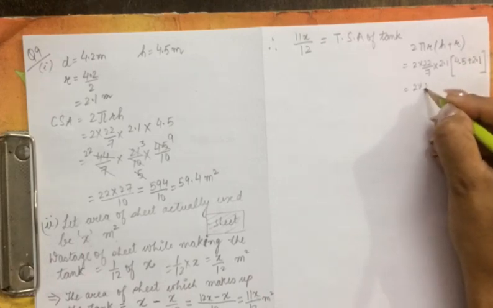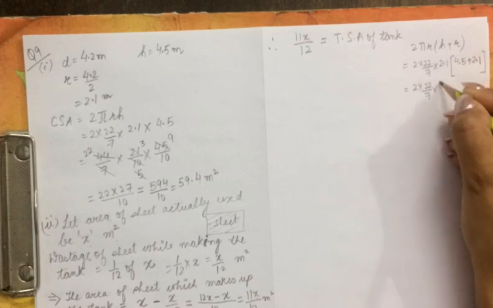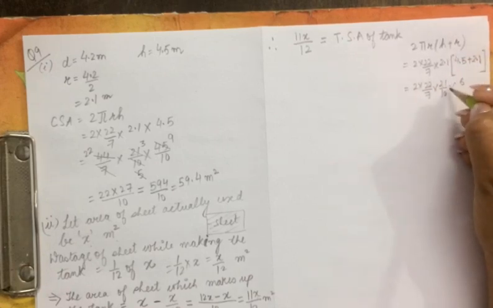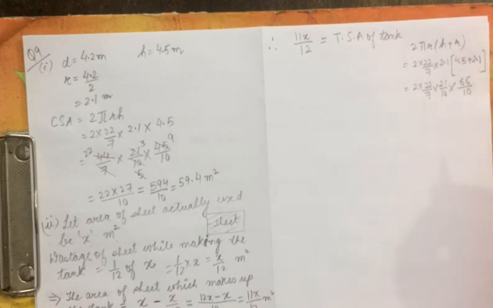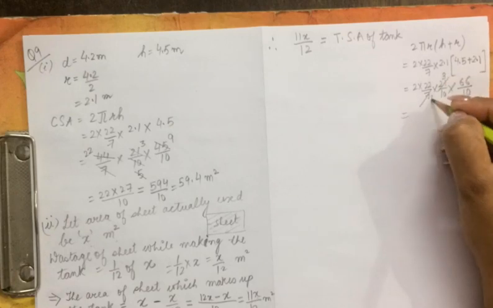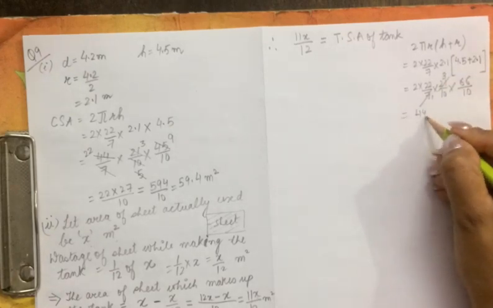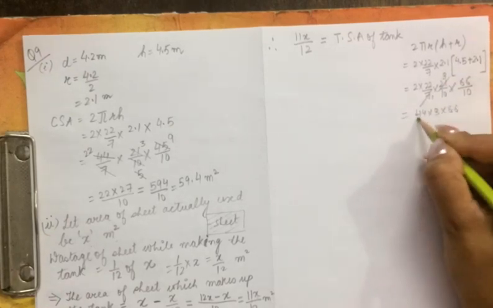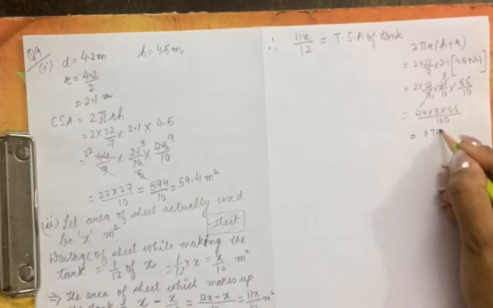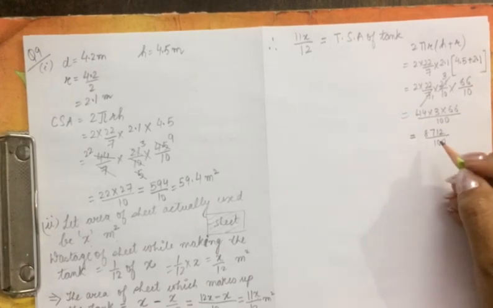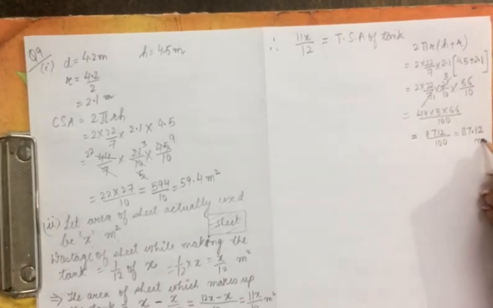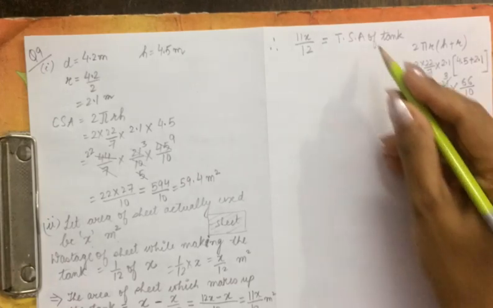So 2 into 22/7 into 21/10 into 6.6, which can be written as 66/10. Simplifying, these get cancelled, so I'm left with 44 into 3 into 66/100. On simplification this comes out to be 8712/100, which is 87.12 meter square. So this is what we shall be using here.